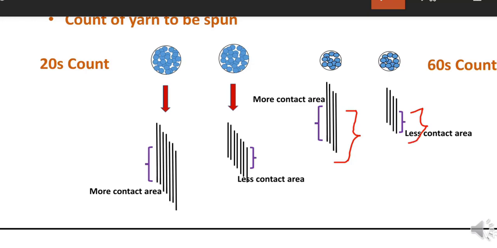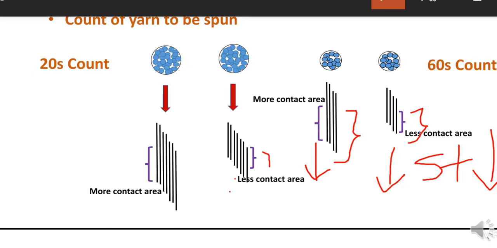While here the area is this much and even you have less number of fibers. Now if you try to apply load here in this direction, then with 60s count, with less number of fibers, with less contact area, they just start slipping. Ultimately, you are going to get less strength in this case. In case of 20s yarn, though the area of contact is less here, it is compensated by number of fibers in cross section.